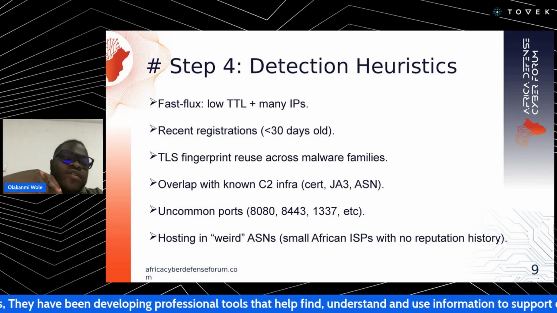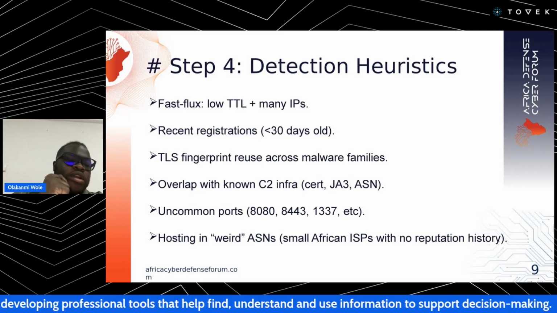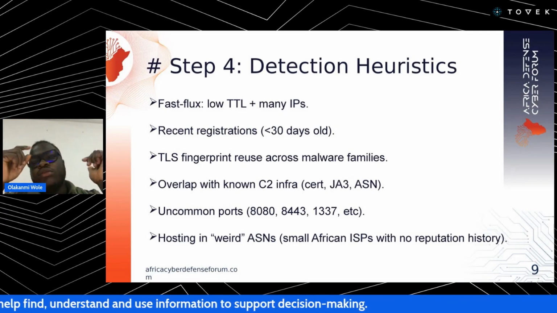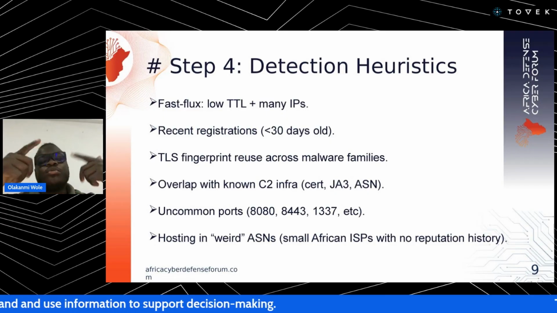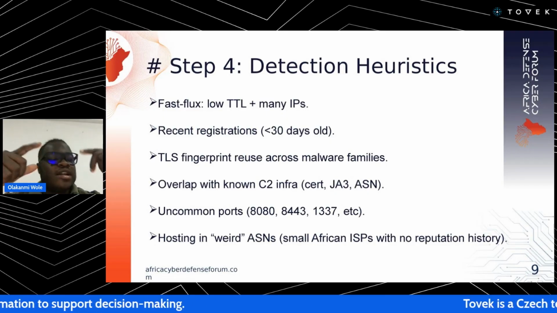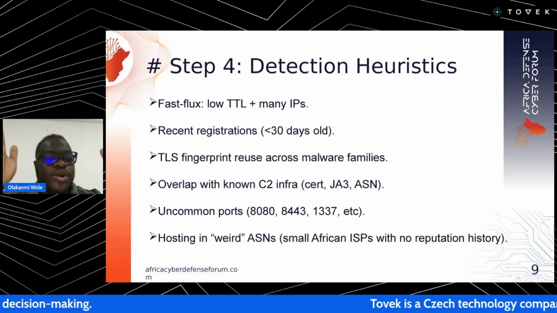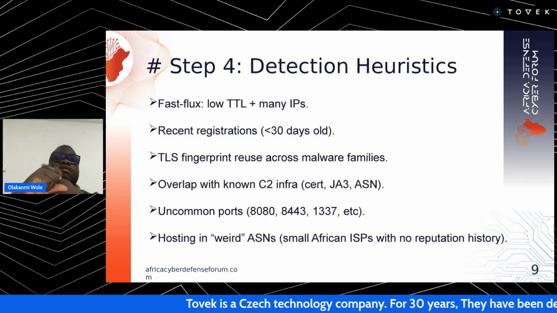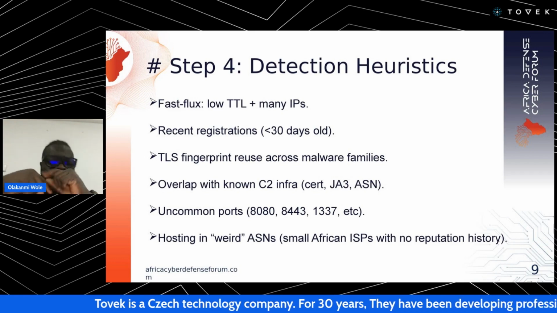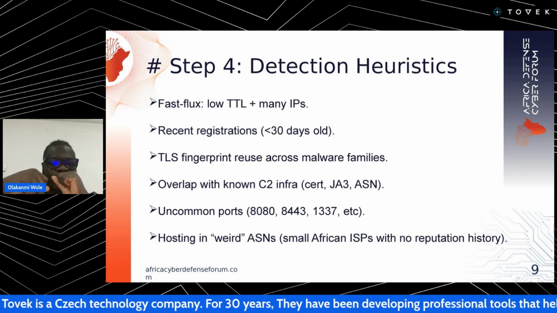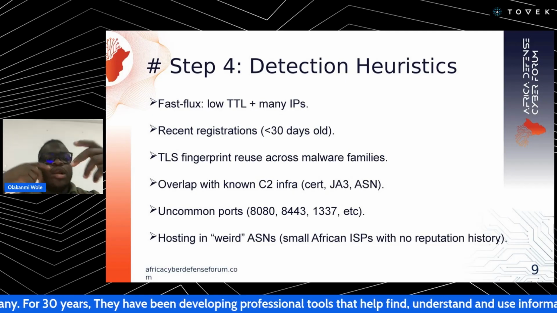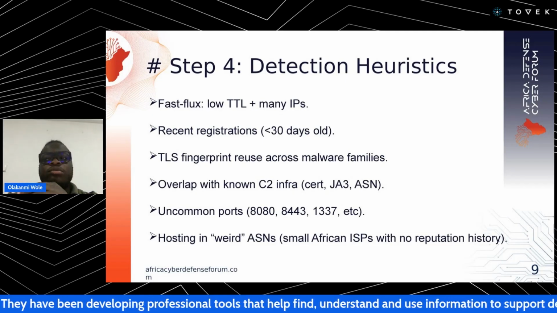We've talked about fast flux, where we can see that one domain name is being assigned multiple IP addresses within a short period of time. Things like recent registrations, right? If a domain is newly registered, you need to be able to identify that.